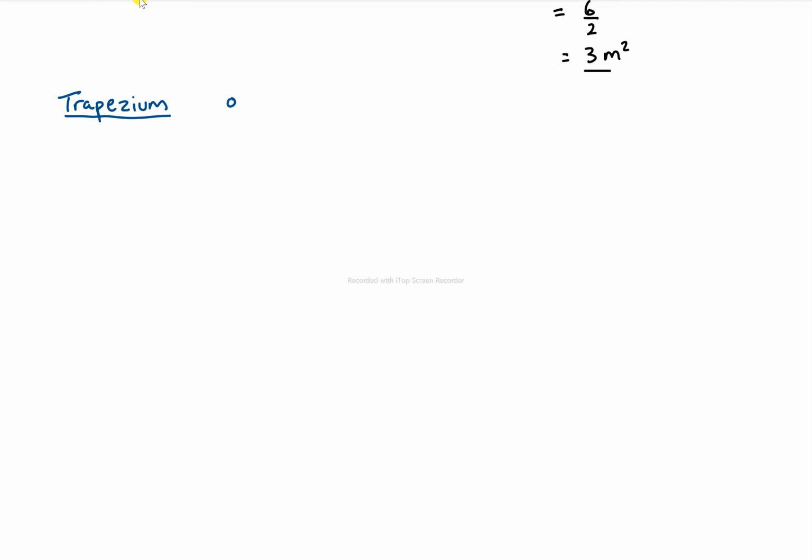It's only got one pair of parallel lines. There and there. Right, these two lines are parallel.